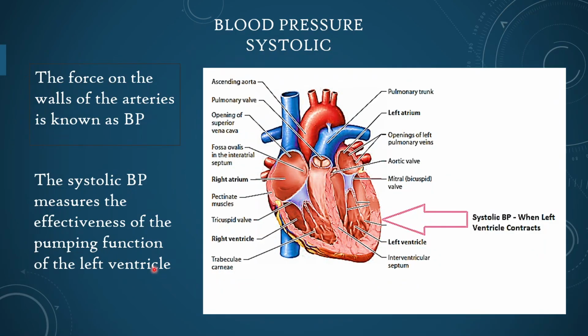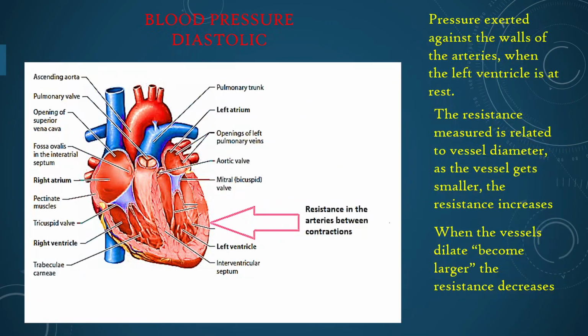I'd rather you remember that than anything. I want you to understand that systolic blood pressure tells us the health of the left ventricle. Systolic blood pressure is when that left ventricle contracts. And that's what it's telling us, the overall health of that left ventricle.